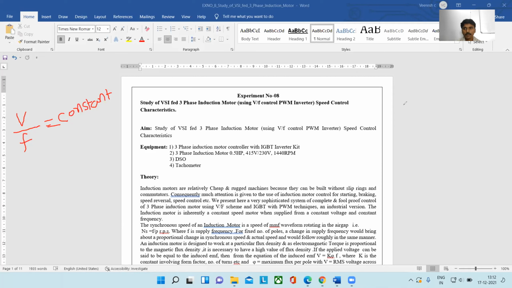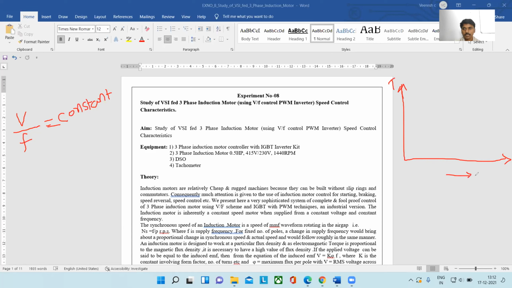Because we know the formula and we have one graph, one characteristic. This is the torque and this is the speed.